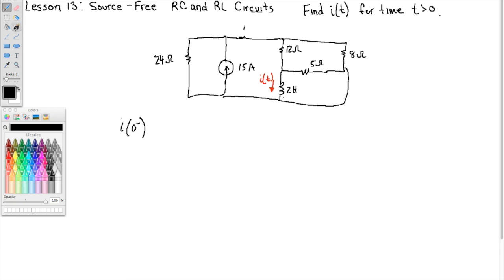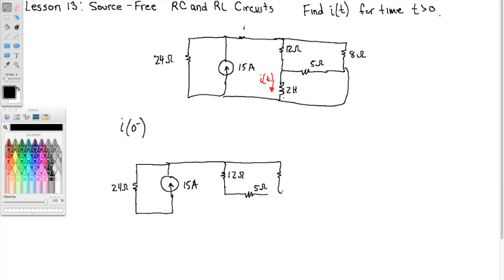All right, well, right before the switch, assuming the circuit has been built and it's been sitting around for a little bit, then the circuit has reached its DC steady state equivalent, meaning the inductor can be modeled or replaced with a short circuit. Right? We need to find this current here, i of 0 minus.